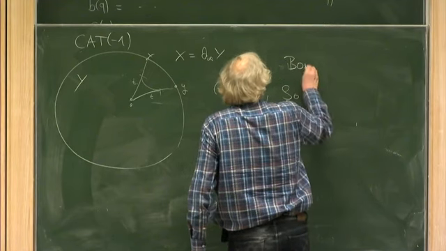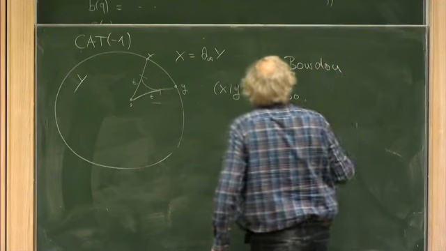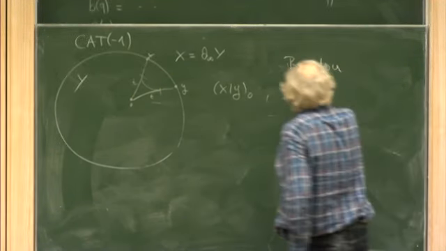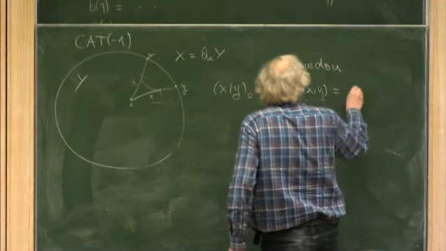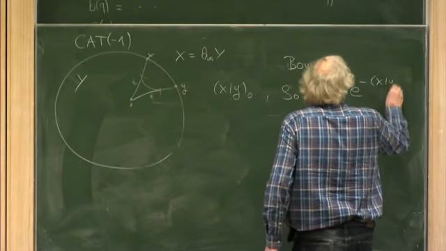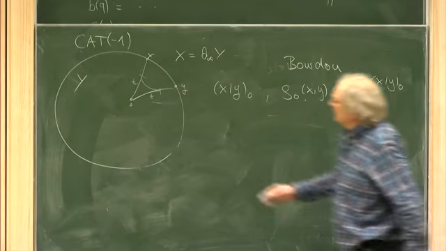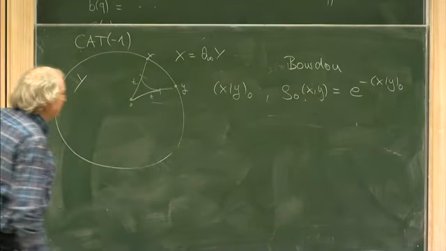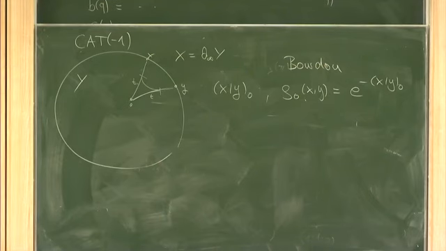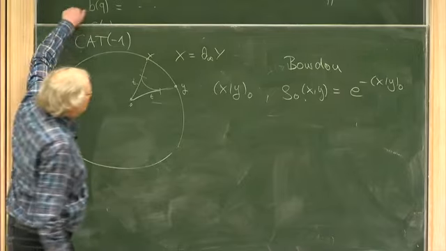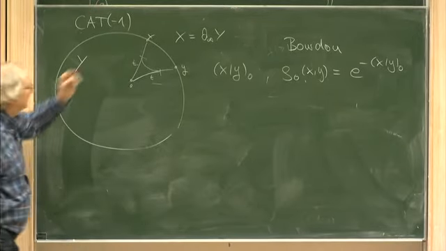This was due to Bourdon, rho_O of x,y, which is e to the minus this Gromov product. Actually, Bourdon has shown that for a CAT(-1) space, that is really a metric at infinity.